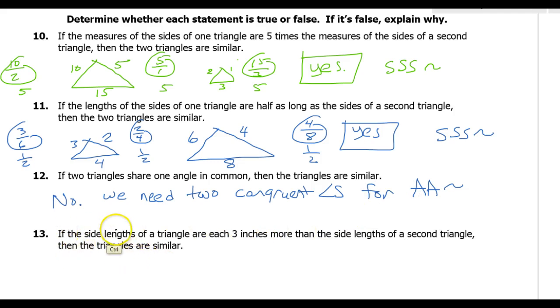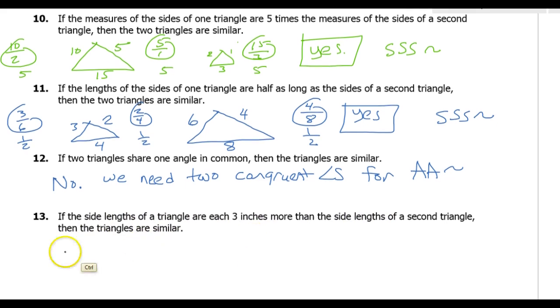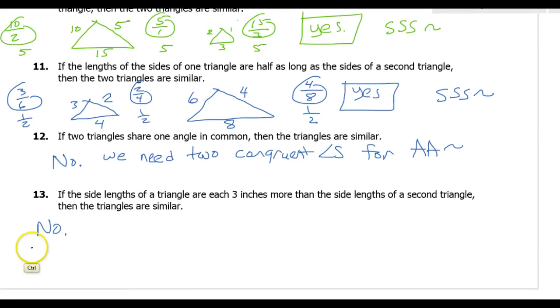Number 13, if the side lengths of a triangle are each 3 inches more than the side lengths of a second triangle, then the triangles are similar. This is going to be a no. The sides are not proportional.